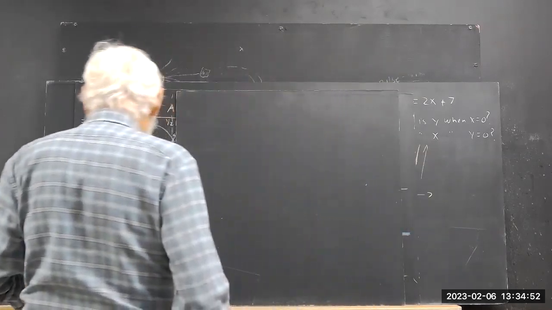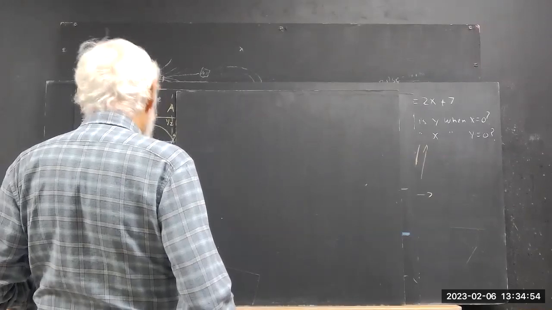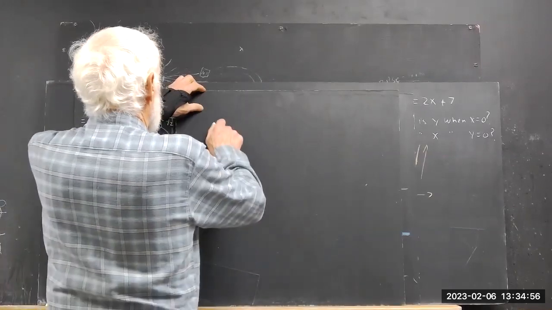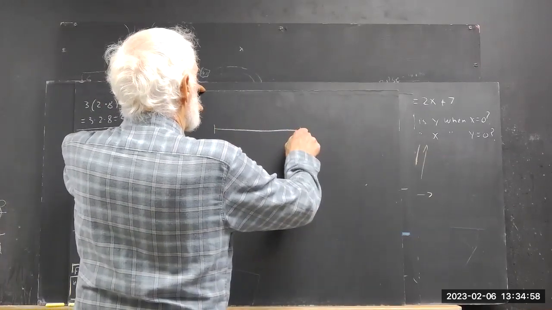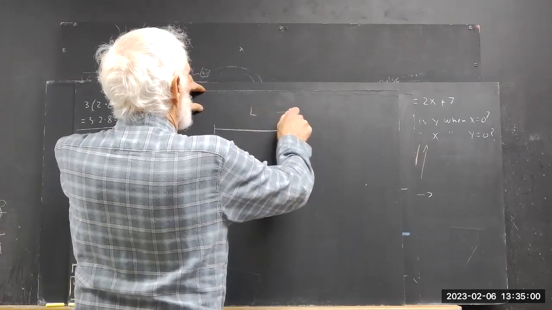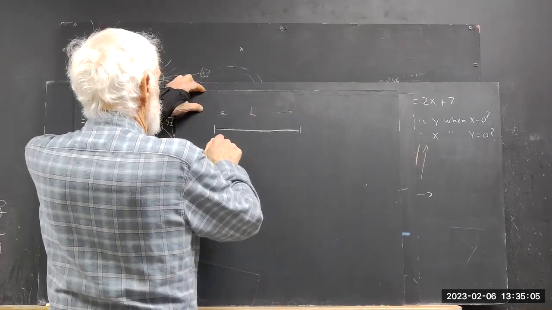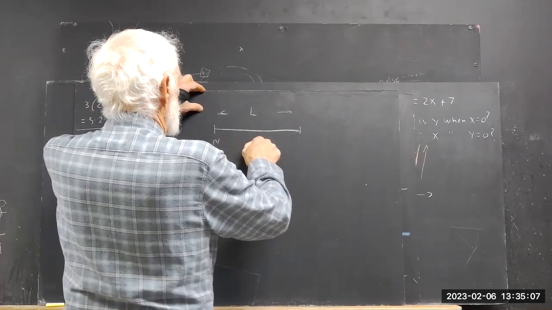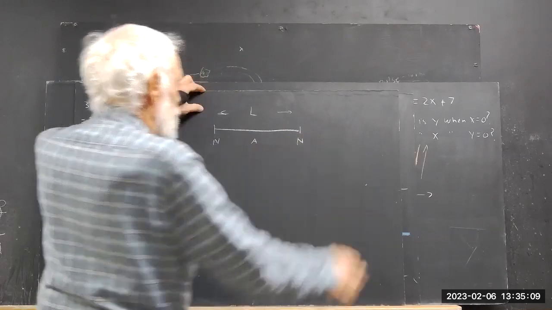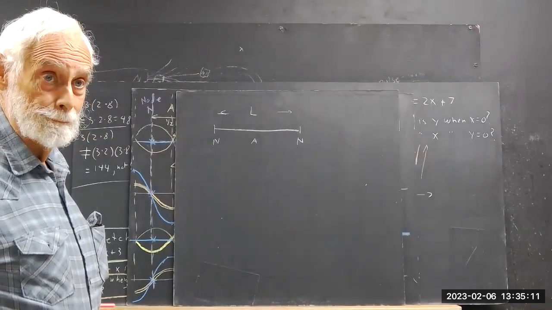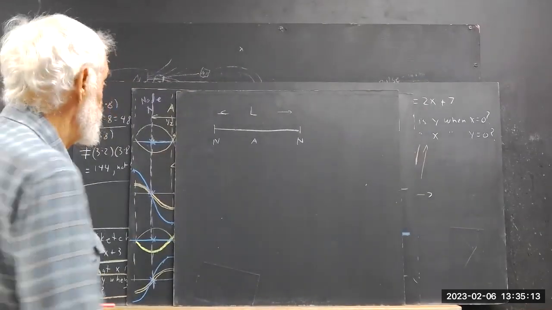So here you've got your chain, and this is what it looks like for a real fixed chain. Here's your length L. There's your distribution of nodes and antinodes for the fundamental.